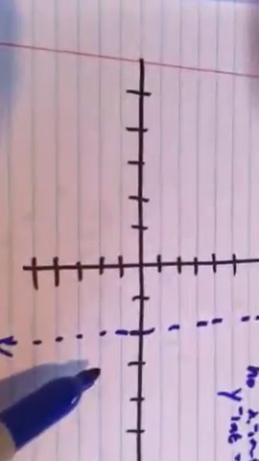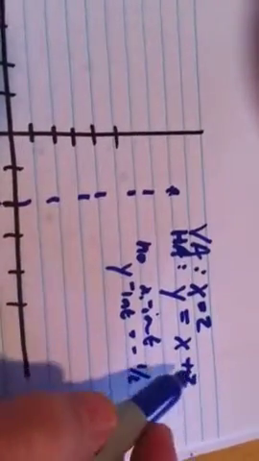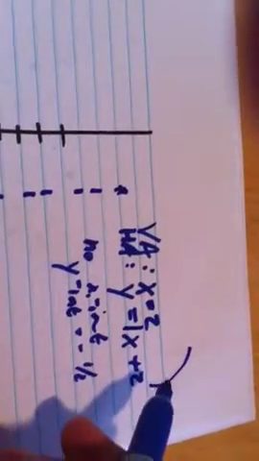is our vertical asymptote. Our slant asymptote is this line, so it's got a slope of 1, because of that invisible 1 right there, so a slope of 1 and a y-intercept of 2.